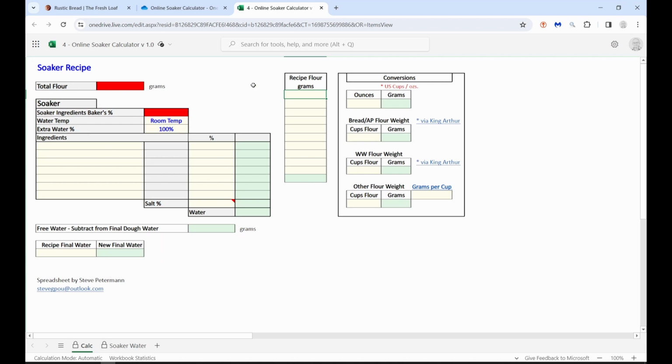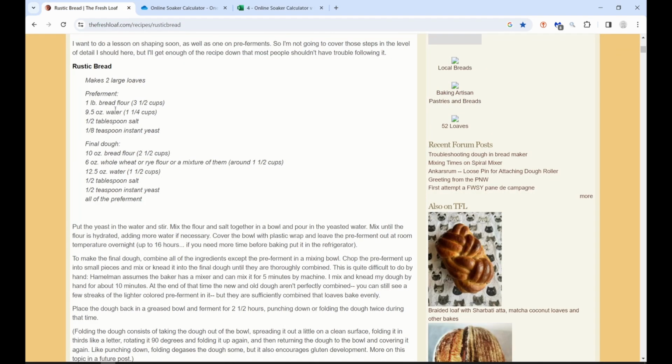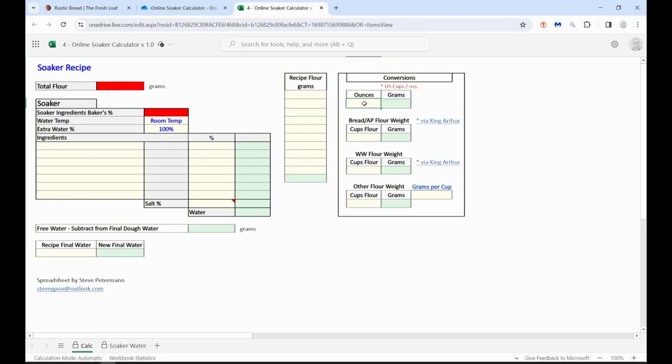Since all this is done in grams, I have a conversion area where you can convert a recipe that's not in grams to grams. So what we have is a pound of bread flour. Using pounds is kind of unusual, I think, but it's okay, we'll go with it. So we've got 16 ounces of bread flour in there. That's 454 grams. All right, so we put that in here.